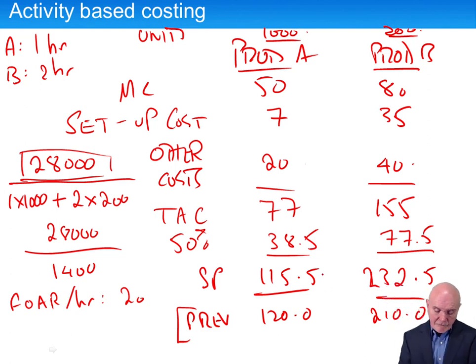We've effectively said that product A is made quite efficiently, and we have reduced the selling price from 120 to 115.5, or reduced potential selling price there. Whereas product B, we're really saying we have to increase the selling price if we're going to account properly for the troublesome nature of product B.